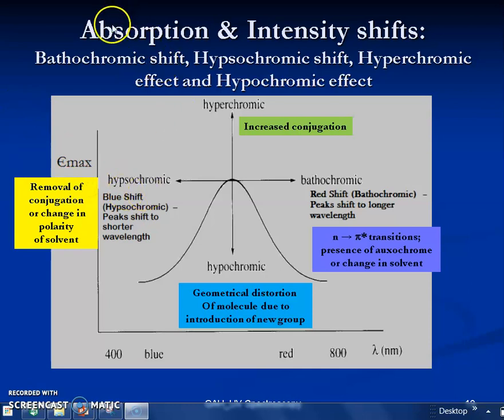So these were the two absorption shifts which we observed in UV spectroscopy, and the next are the intensity shifts. The first one is the hyperchromic shift, and the second one is the hypochromic shift.